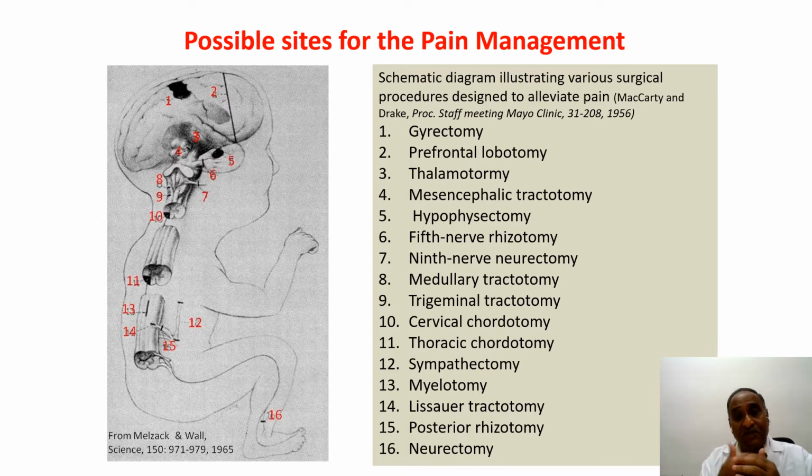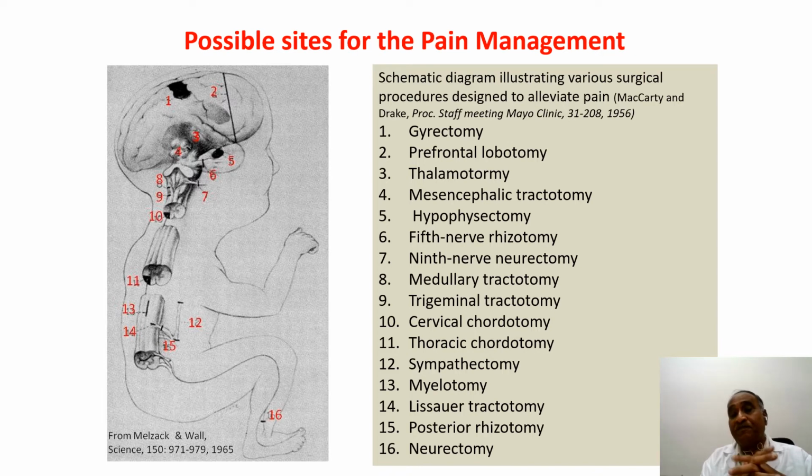Trigeminal tractotomy, that means the tract from the trigeminal nerve is severed. Cervical chordotomy, in this condition the tract in the cervical cord is severed, that means the lateral spinothalamic tract is severed. Same thing at the thoracic level, thoracic chordotomy.